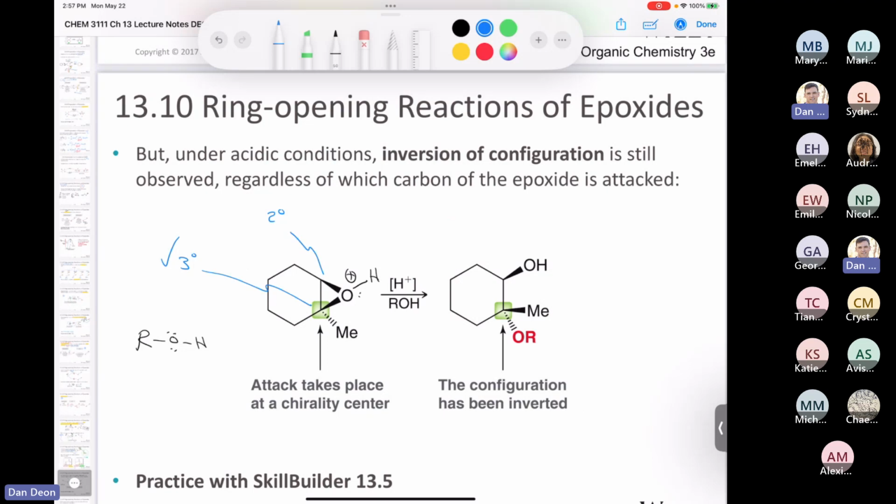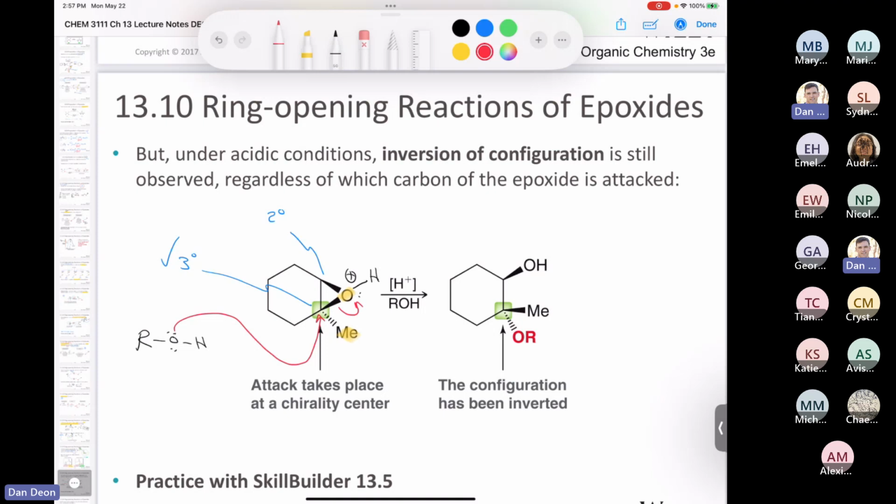And if you look at the two faces of the molecule, which one is less hindered? Well, on one face you've got a little old CH3 group, and on the other one you have an oxygen, as part of a whole ring system. And so our nucleophile is going to attack the least hindered face, from the bottom face.